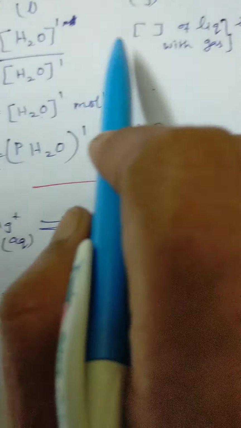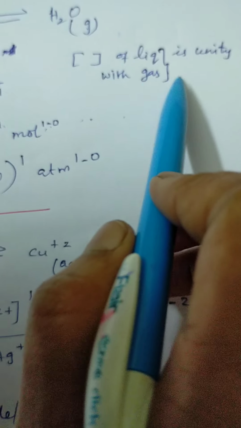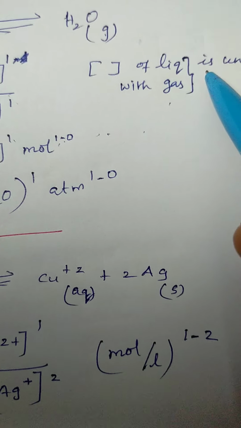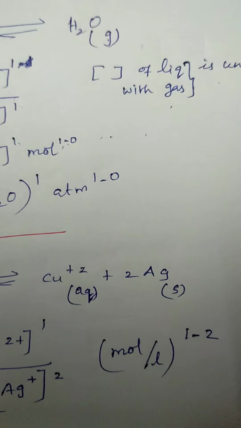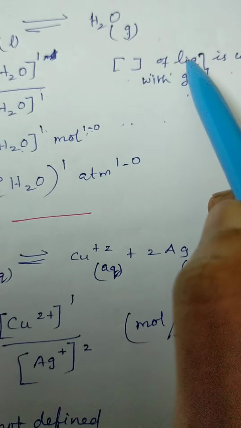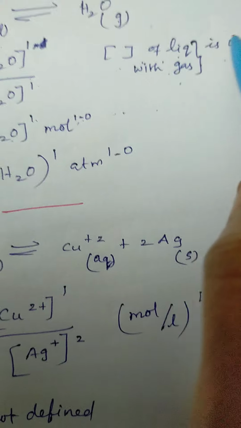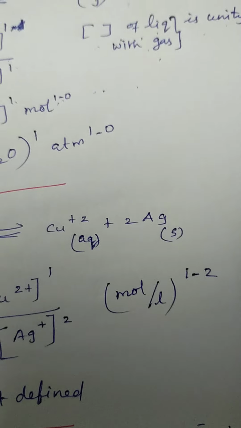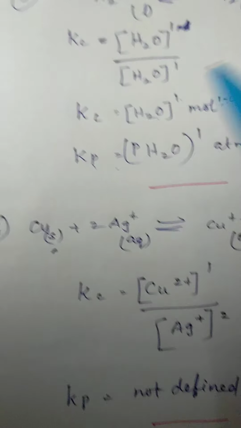For liquid we consider it as unity because the conversion of liquid with gas is constant. So note down these points: liquid with gas is unity, and for solid the equilibrium is constant and that also is considered as unity.